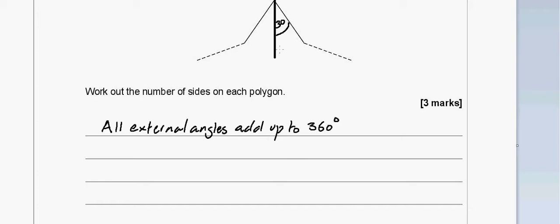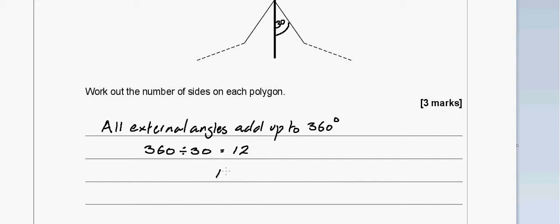Now, because I know that this is 30 degrees, if I divide 360 by 30, that will tell me how many external angles we have. So consequently, that will tell me how many sides. Now 30 goes into 360, 3 12s are 36, so we get 12.